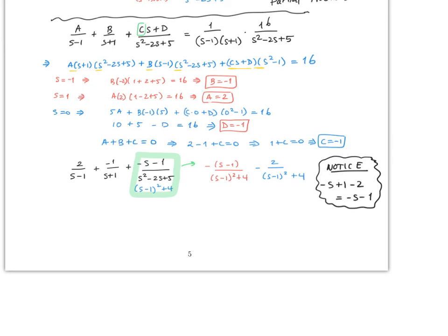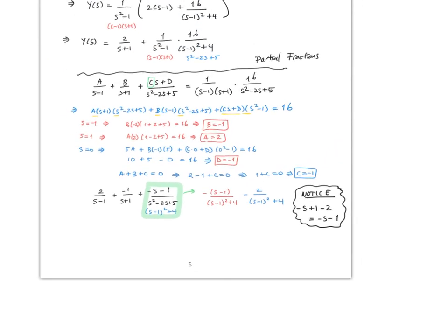All right, so if we go back to the beginning, don't forget that we still have this one here, which you can combine with this one.